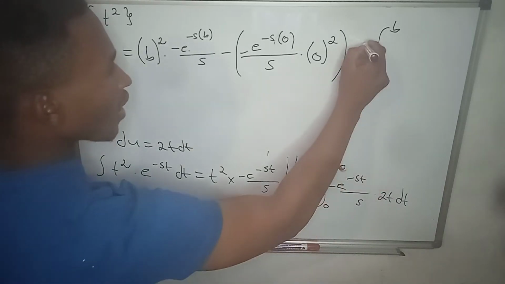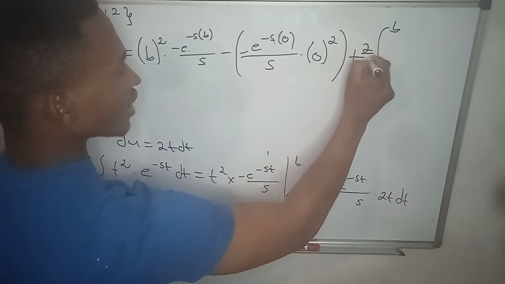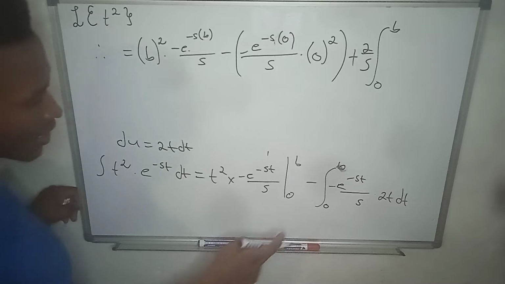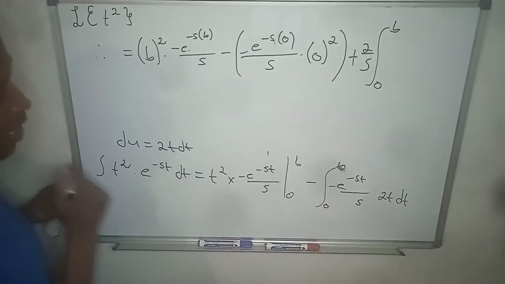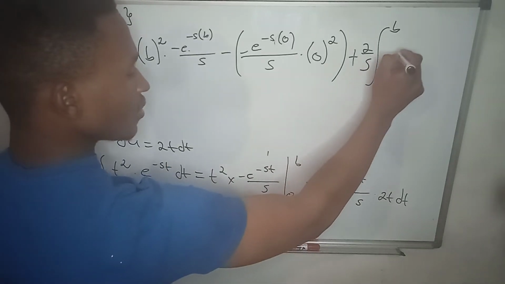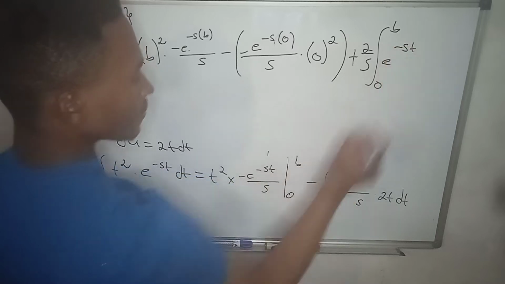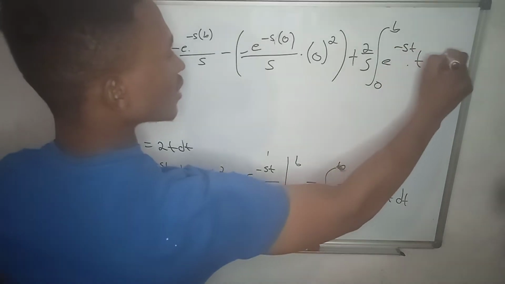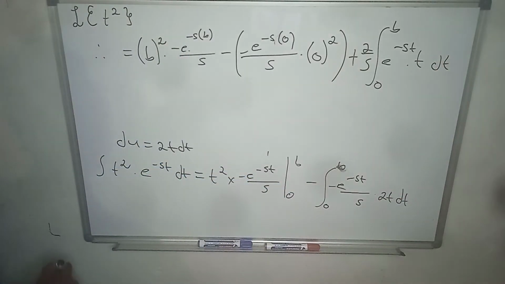Negative times negative will give us positive in this case. So I can take 2 over s outside. If I take 2 over s, I will be left with minus e to the minus st times t dt. That is what I'm left with.